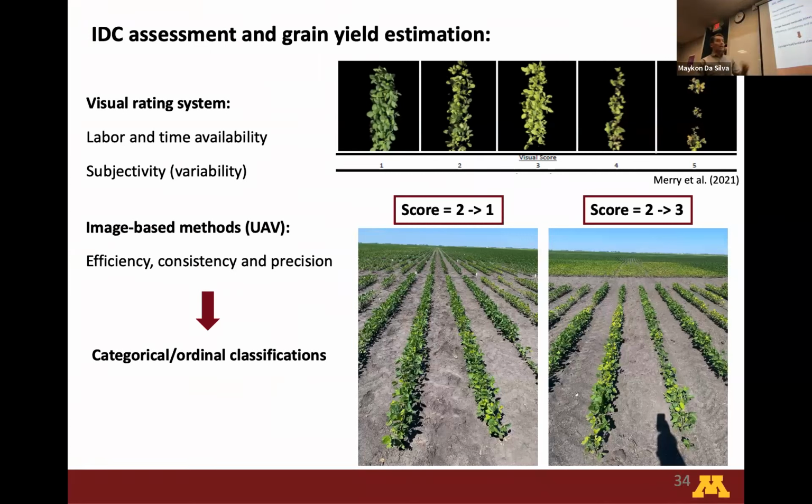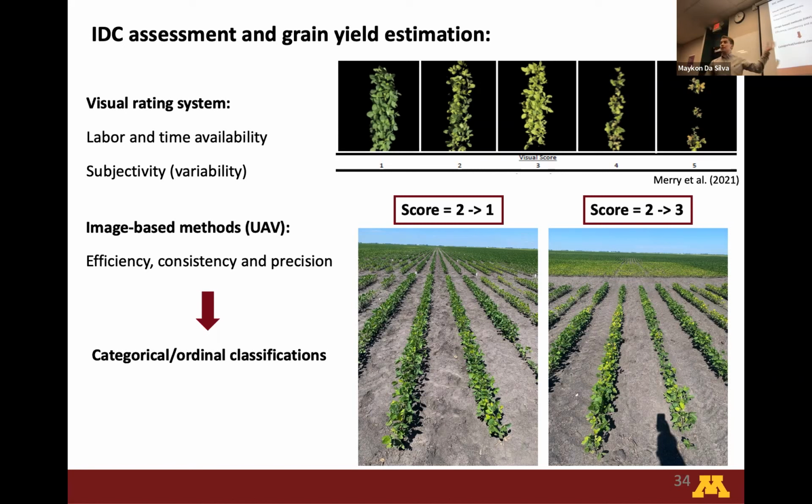Typically, IDC is assessed in the field through a 1 to 5 visual rating system, popularly called green scores. As shown by this figure here, in such a rating system, a score of 1 is given to a plot that is 100% green, where there is no yellow. And a score of 5 is given to a plot that is severely affected by IDC, where we have a lot of necrosis, a lot of chlorosis, a lot of stunting, and even plants dying or dead.